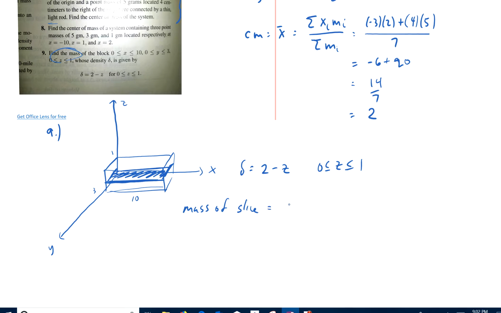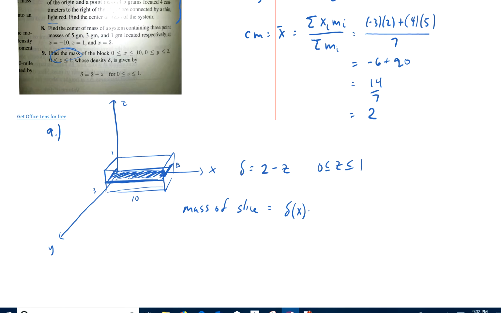equal to the density at some height z times, well, the density is the mass divided by the volume. They don't have units. Well, what's the volume of this thing?